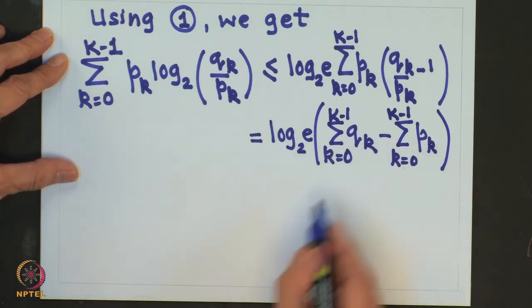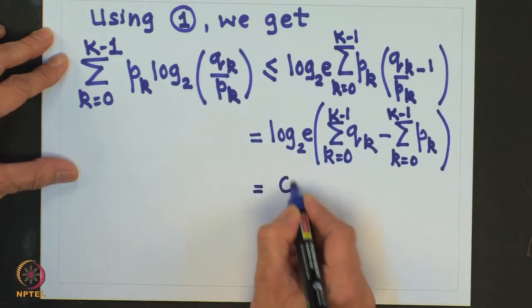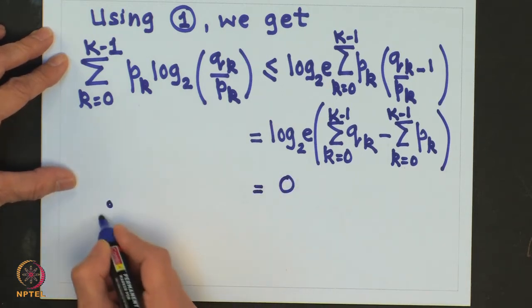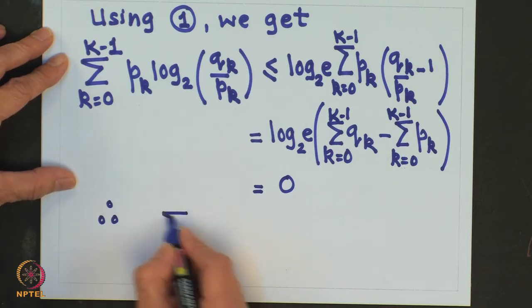So, the summations both are 1 and this is equal to 0. Therefore, I get this relationship.